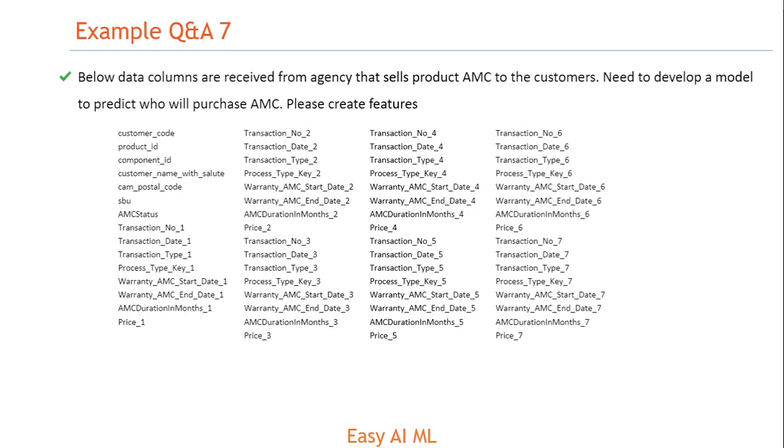These transactions are the number of times a customer did a transaction in terms of AMC after the product was purchased. So using this data, if I need to create, or you need to create features, how could these features be?